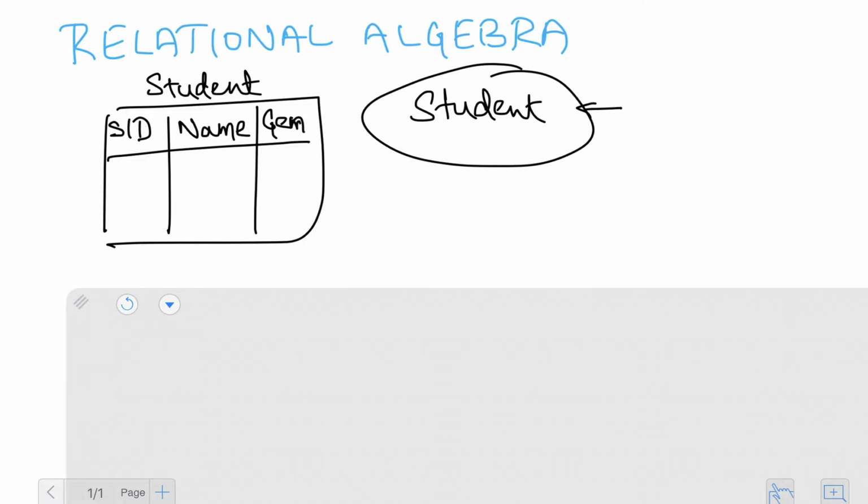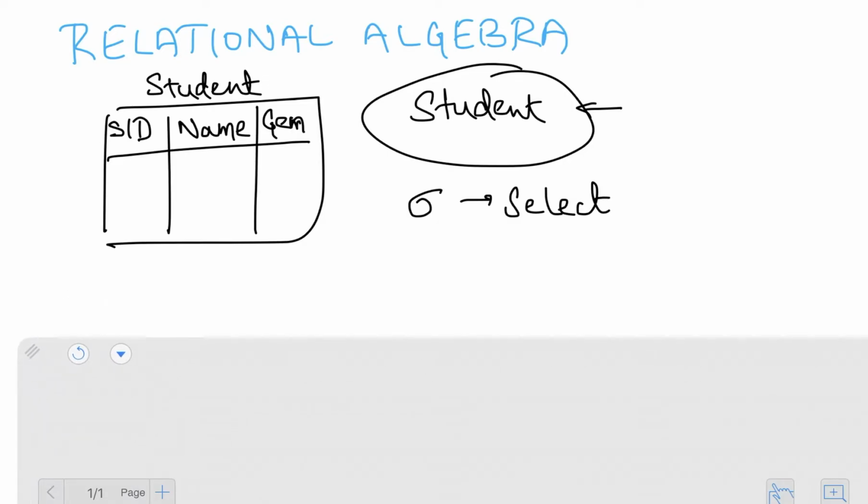The next one is an operator that I want to talk about, which is the sigma operator, known as the select operator. This is known as the select operator, and what this does is that it selects some specific entries from this student relation for me. So what I can say is sigma, and as a subscript of this sigma I write the condition that I want.